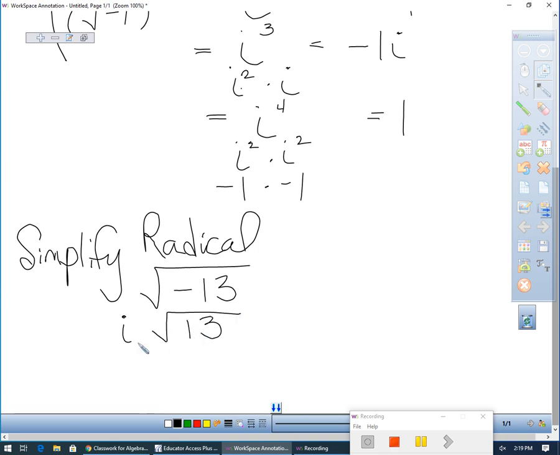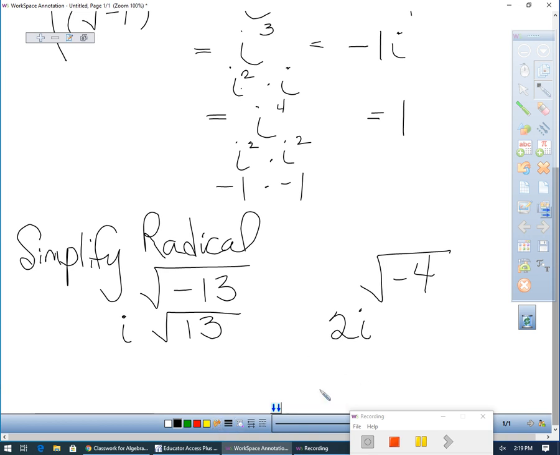So our final answer would be I square root 13. What if I had the square root of -4? The negative comes out as I. What about the square root of 4? What does that equal to? 2. So this would be 2I.